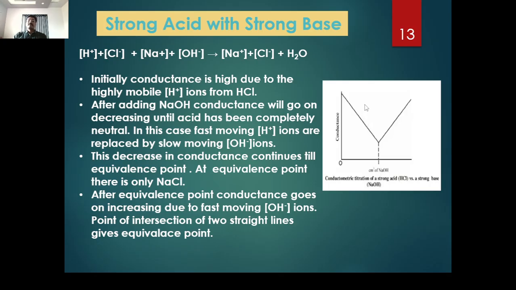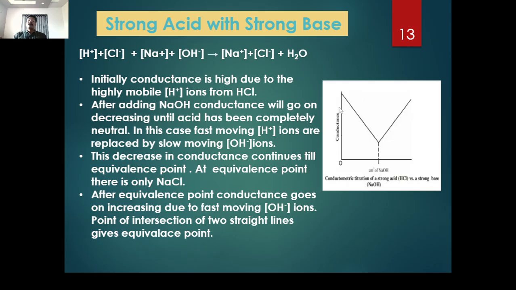When we add 0 ml of sodium hydroxide into the electrolytic solution of hydrogen chloride in which the conductivity cell is dipped, initially there is no sodium hydroxide in the solution. At that time, the conductance of the electrolytic solution is very high. See here in the graph. Why is that?